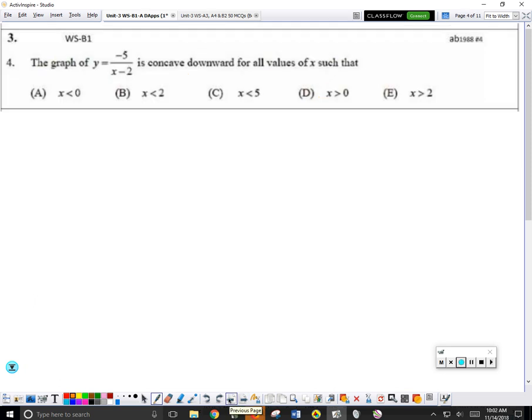No graph this time. Awesome. So the steps are the same. We first must find F double prime. So use the quotient rule: bottom, multiplied by the derivative of the top, subtract the top, multiplied by the derivative of the bottom, all divided by the bottom squared.